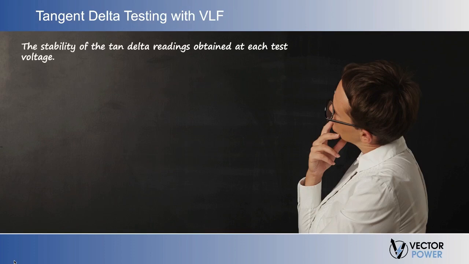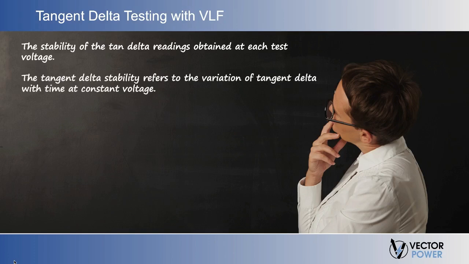Now, we also look at the stability of the tan delta reading obtained at each test voltage. The tan delta stability refers to the variation of tan delta with time at a constant voltage level.